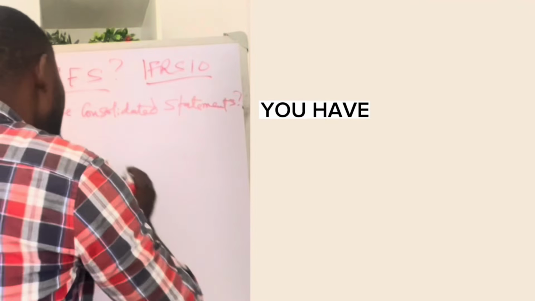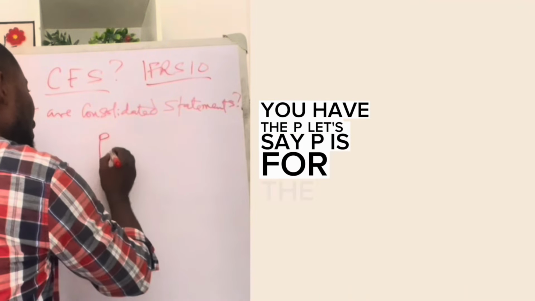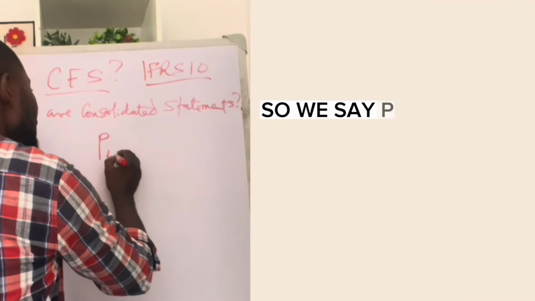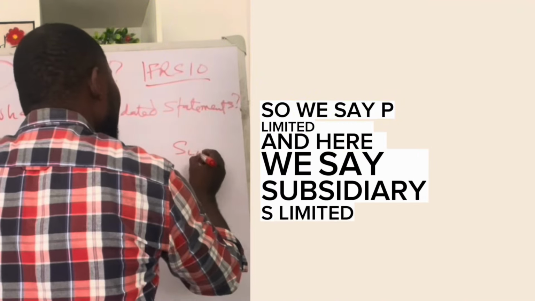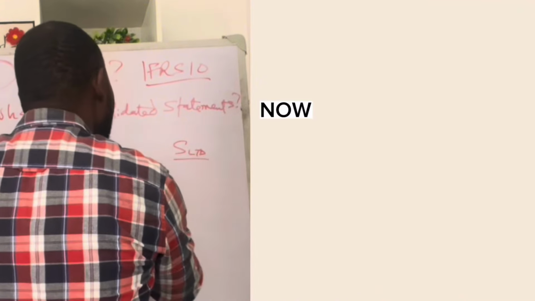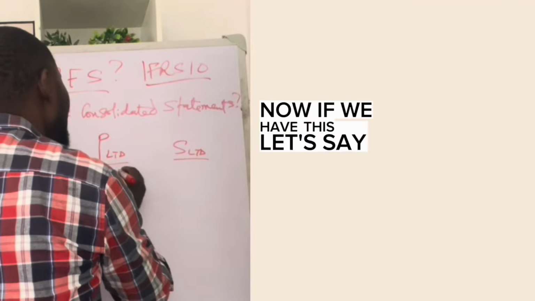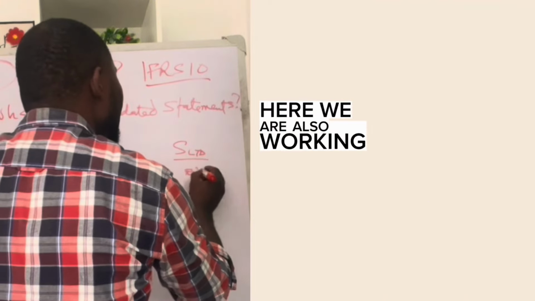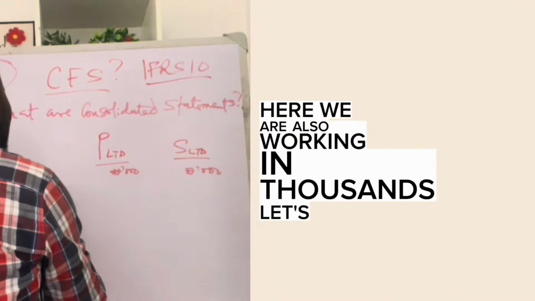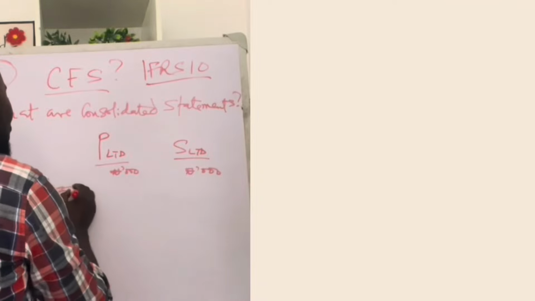Let's say P is for the parent company, so we'll say P Limited. And here we'll say subsidiary, S Limited. Let's say we're working in thousands here, and we're also working in thousands here. Let's say assets.